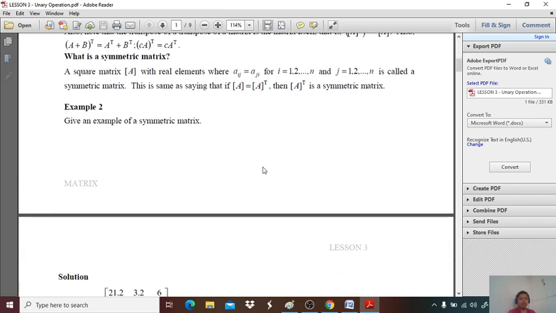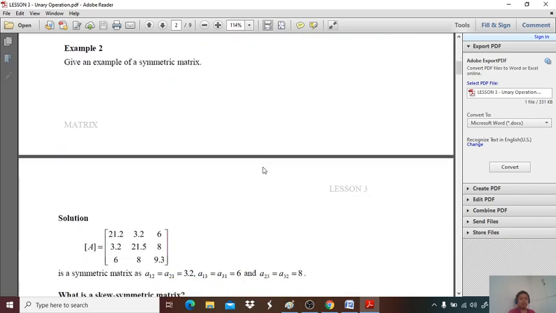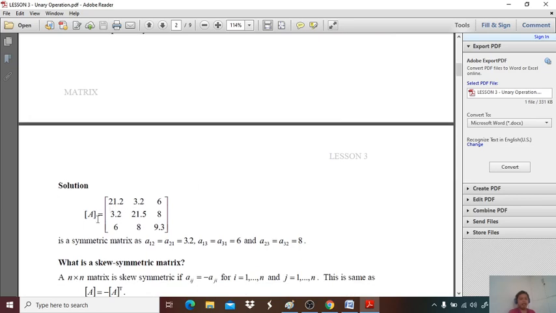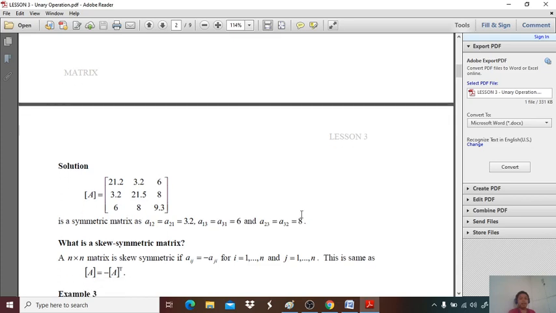This is an example of a symmetric matrix where your Aij is equal to Aji. Let's say A12 is the same as A21, the same as A13 and A31. So that is a symmetric matrix.